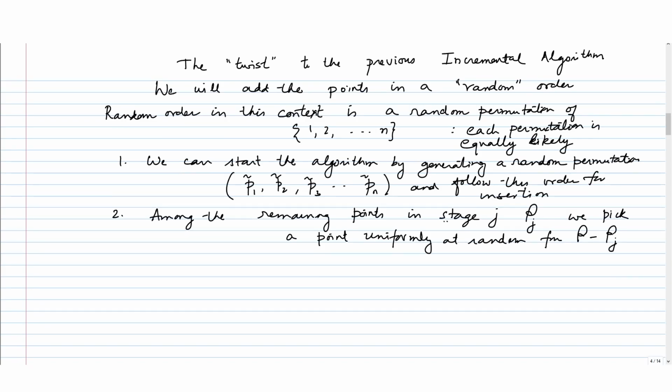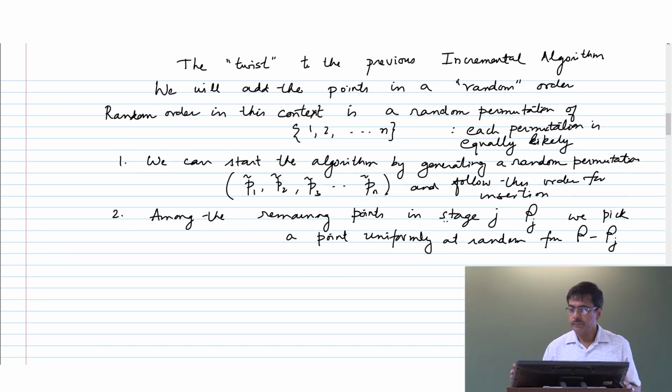So, we will just pick one of the points that we have not added uniformly at random and use that sequence. These are equivalent things, either I can generate the random permutation initially or I can follow this. Both will basically give me the same outcome. Okay.